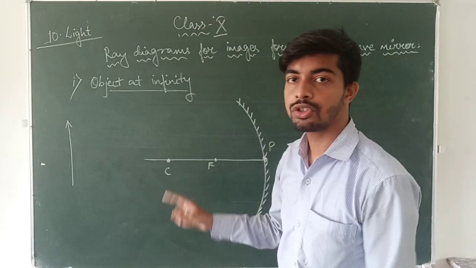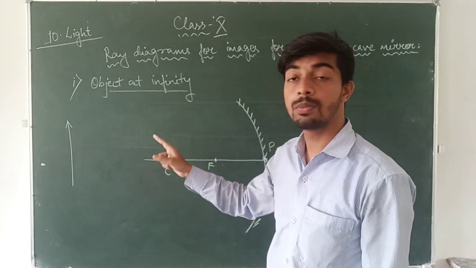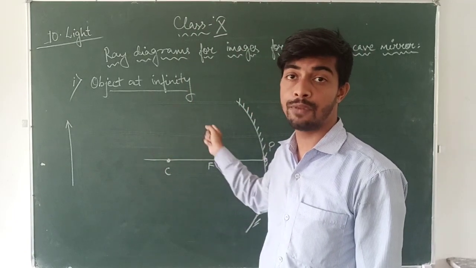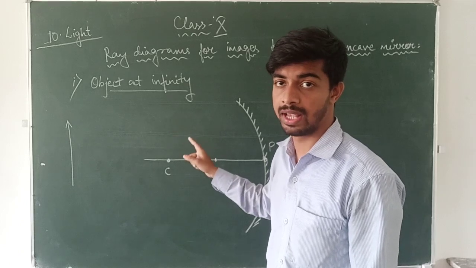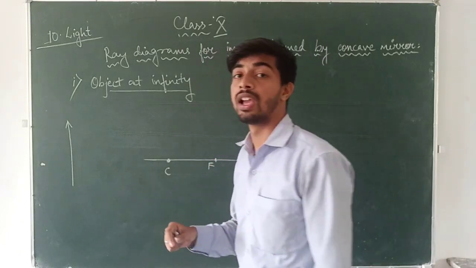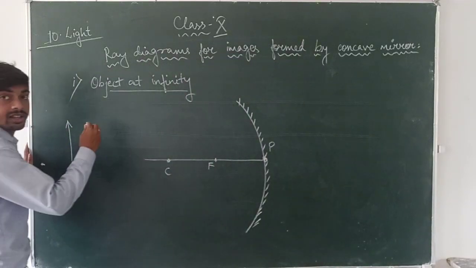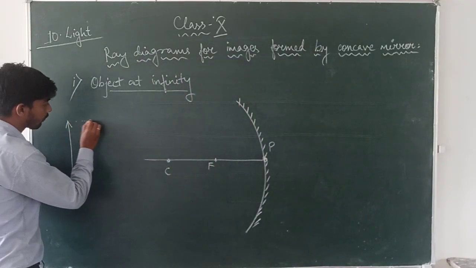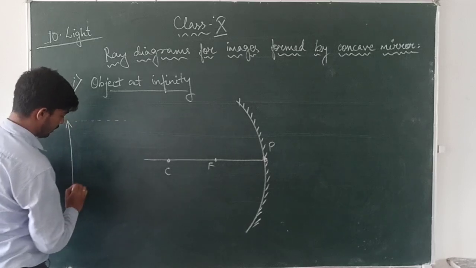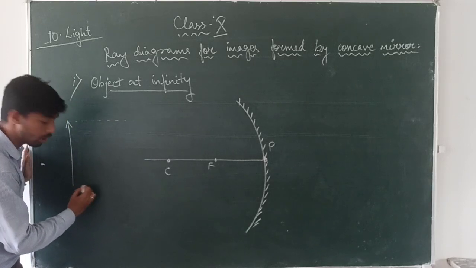So first of all, we know any ray which comes from infinity, or from very far, comes parallel to the principal axis, and after reflection it should go through the focus. So here we will take the rays coming from infinity. This is one ray. The second ray we will take from the bottom of the object.